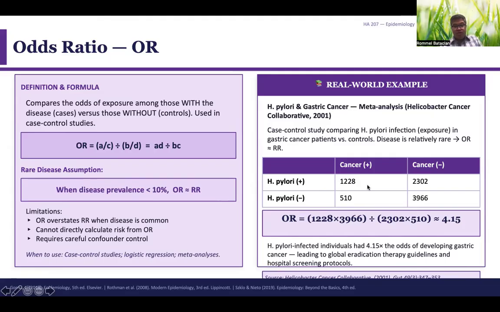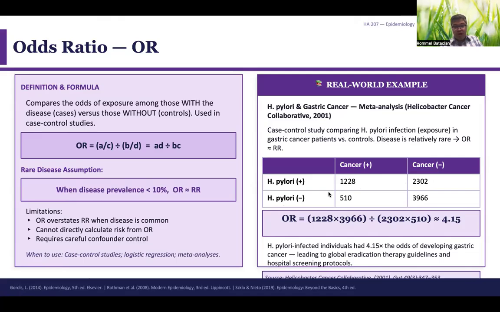So the columns would be those with cancer or without cancer, and then the rows would represent whether that individual has an exposure to H. pylori or none. And these are the individuals based on that particular grouping.